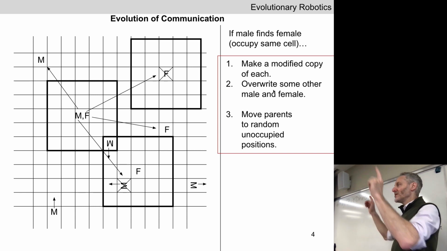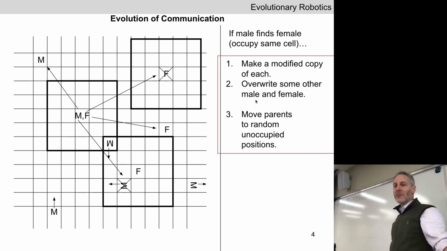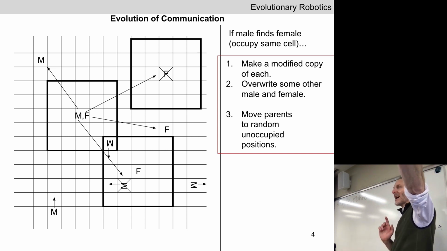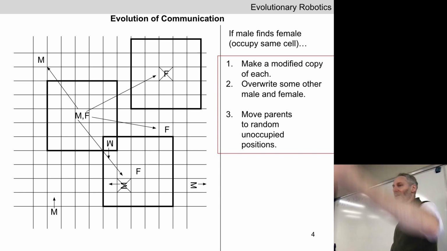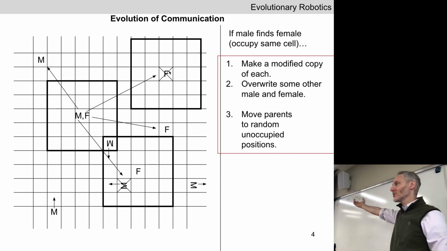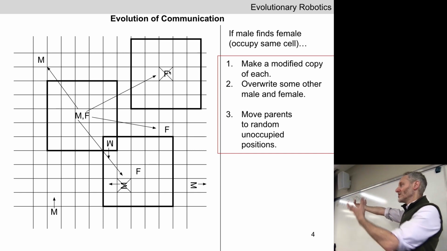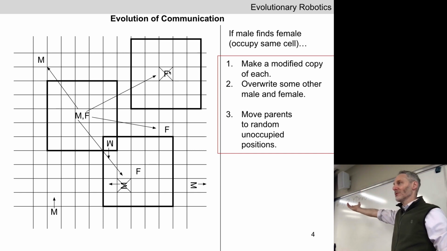The son and the daughter overwrite some other male and female elsewhere on the toroid at random. So some other male is chosen, that male is deleted, and the son is copied into that recently vacated cell, and a random female is chosen, she is deleted, and the daughter is placed into that recently vacated cell.